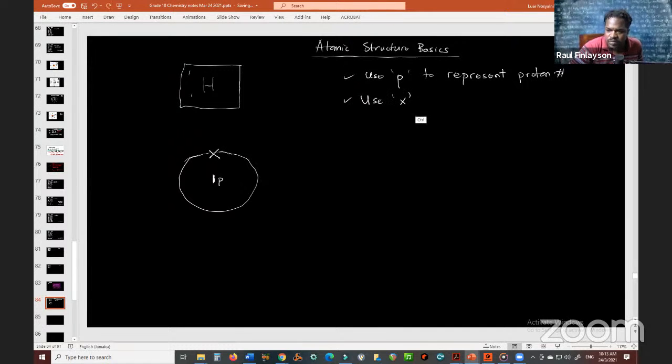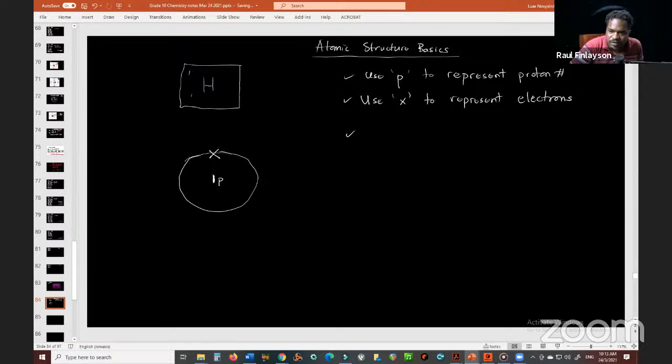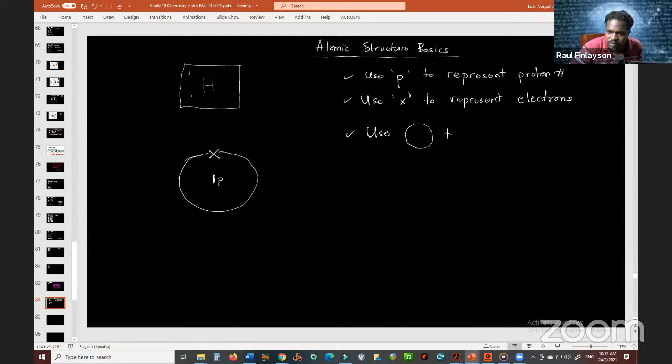Use X to represent electrons. And we use a circle to represent shells.